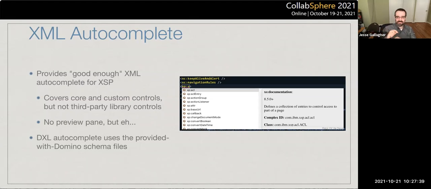And so when you're editing DXL, you also get verification that your DXL is legal. It will show you, like if there's a multiple choice kind of field, like field type or something like that, it will show you the options and it will yell at you if you pick an incorrect one. So you kind of just get some niceties when dealing with XML. And a lot of us deal with XML all the time, and so it's not too uncomfortable. And having these tools helps quite a bit.